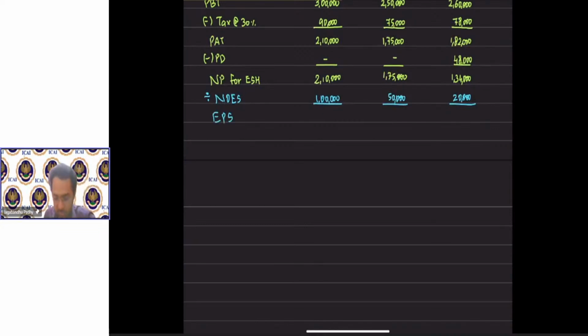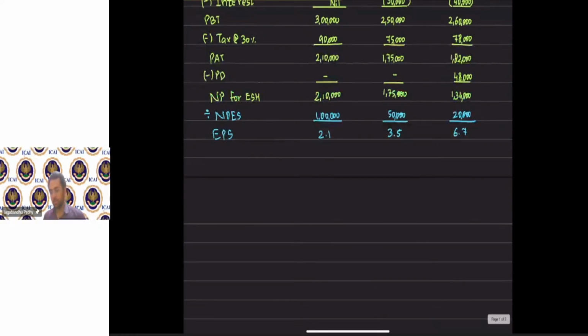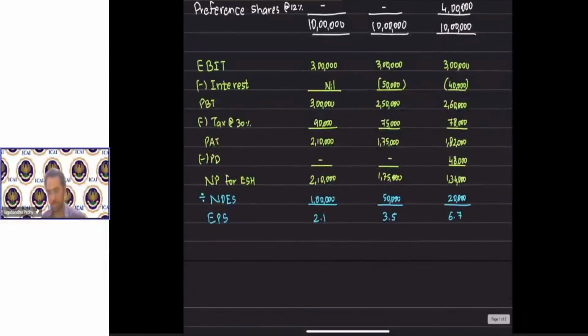Earnings per share here is 2.1. 1,75,000 divided by 50,000 will give us 3.5. 1,34,000 divided by 20,000 is 6.7. So as per the EPS, the last plan is providing a greater degree of earnings per share. Each shareholder is getting a higher amount of earnings per share, and that's where this plan wins in this race.